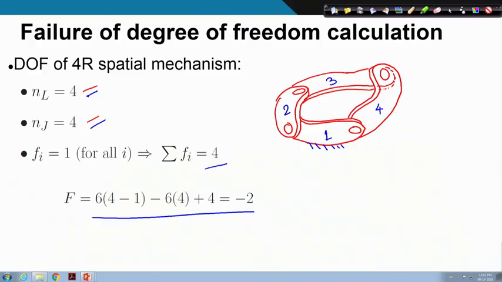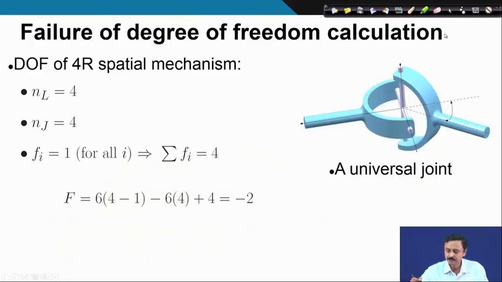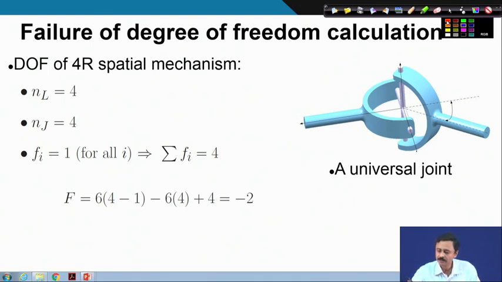But let us look at this interesting example, a universal joint. This is a 4R spatial kinematic chain. Let me show you how. This is one revolute pair, this is the second revolute pair, this is the third revolute pair, and this is the fourth revolute pair.